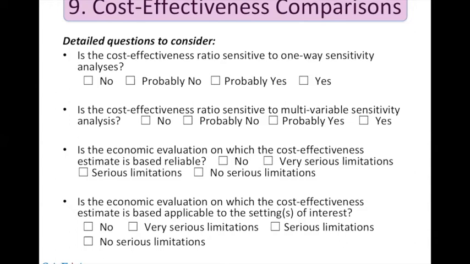Finally, is the economic evaluation on which the cost effectiveness estimate is based applicable to the settings of interest? So does this apply to where you're going to work? That's important adaptation and knowledge translation to the workplace that every literature review question eventually has to address.